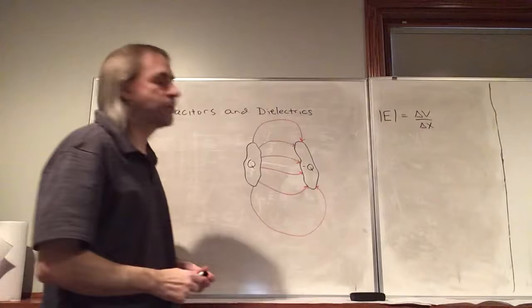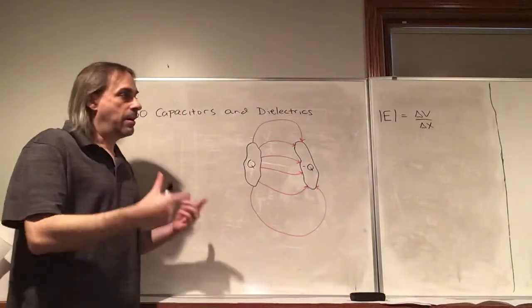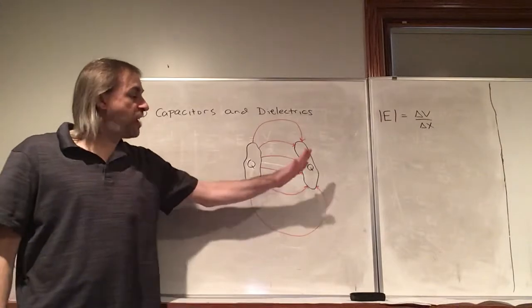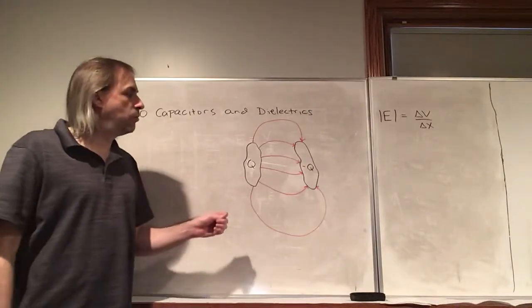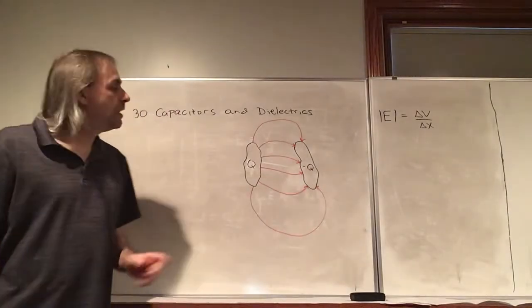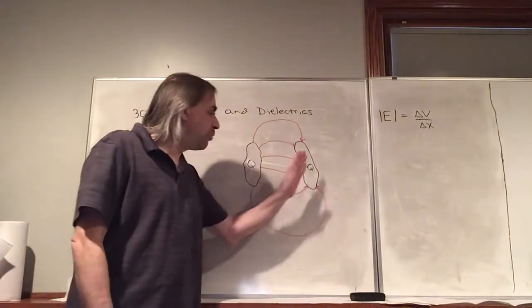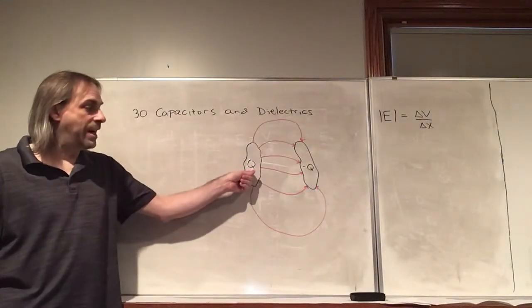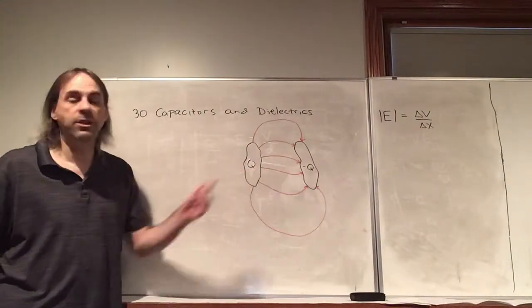So if there's an electric field in the region, there has to be differences in potentials. The potential has to be changing. And we also know that electric fields go from high potential to low potential. So there's a potential difference between these two plates. And this plate here is at a higher potential than this one.